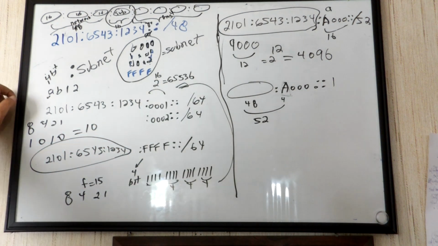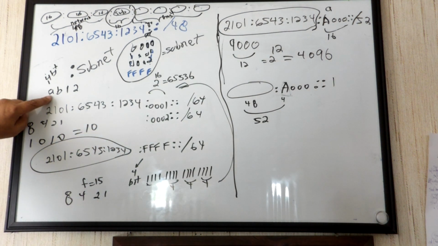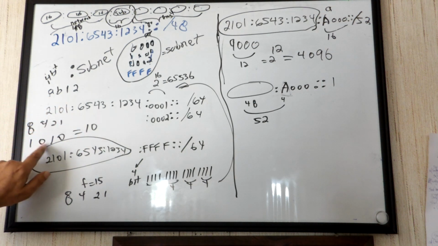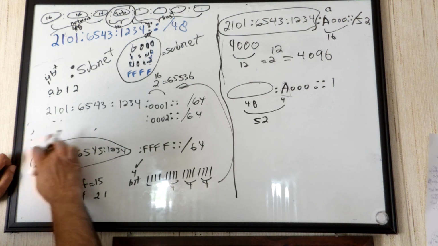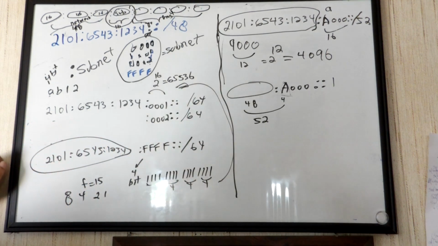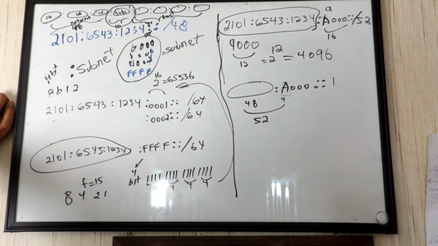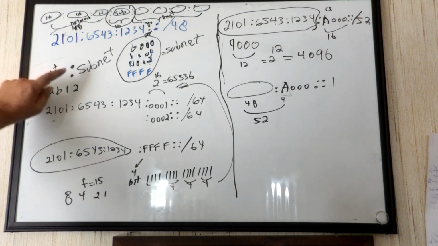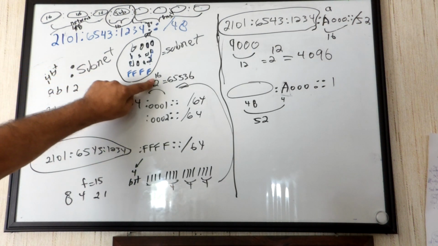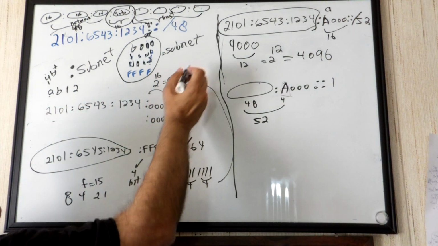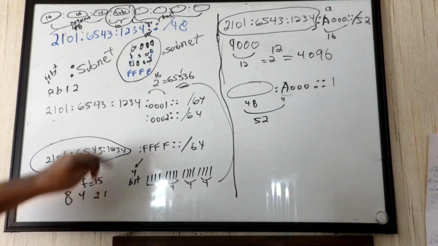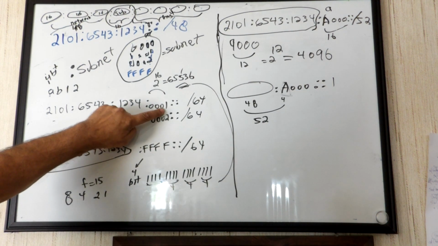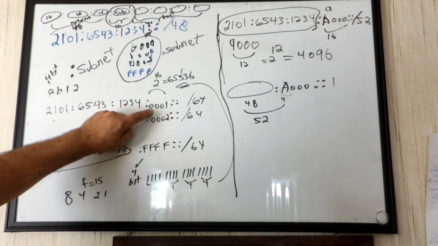Okay? So there are 4 bits, 1, 2, 3, 4, and so it's going to be 16. So 16 bits allocated to subnet. And then the first one is going to be 0001, because we can use all of them.